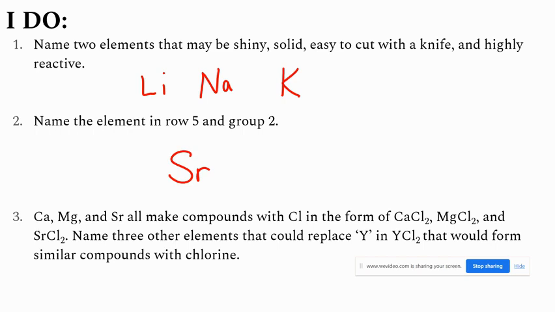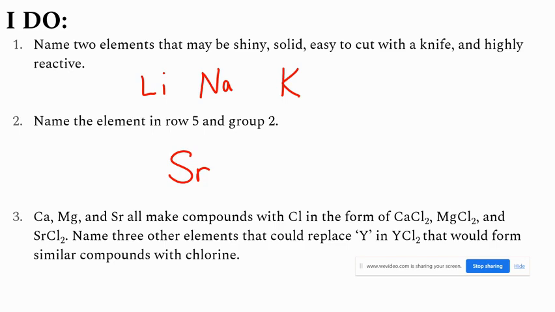Okay. Calcium, magnesium, and strontium all make compounds with chlorine and form CaCl2, MgCl2, and SrCl2. Name three other elements that could replace Y in this formula that would form similar compounds with chlorine.